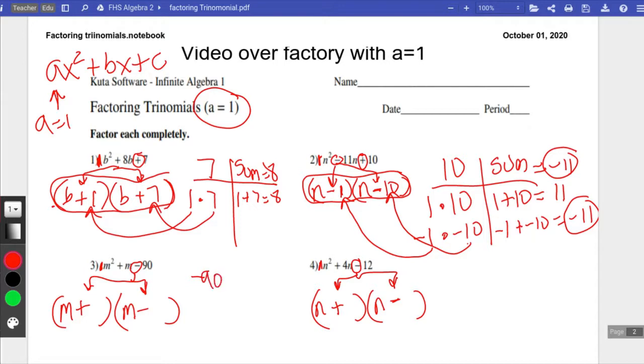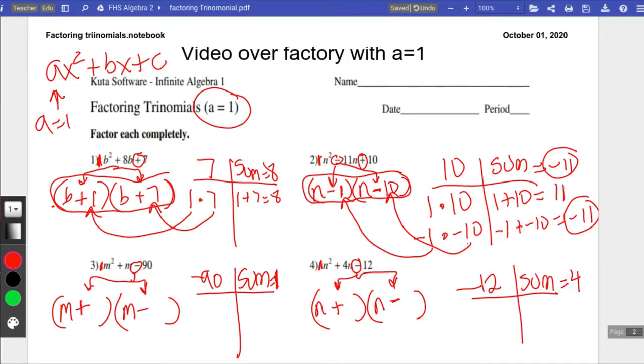So negative 90: what two numbers multiply to negative 90 and add up to give you the middle number, which is 1 here? Same thing here, the negative 12: what two numbers multiply to negative 12 and give you the sum of 4?